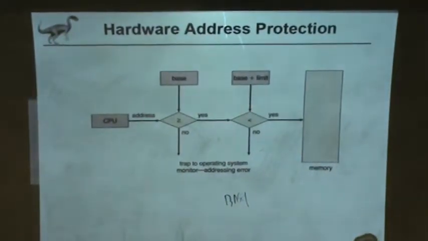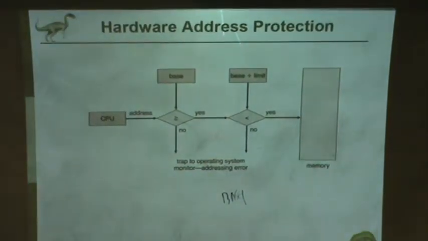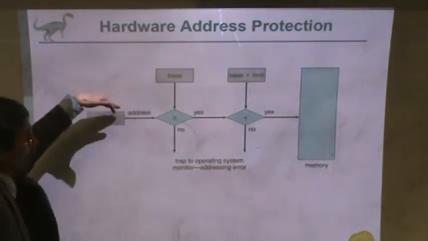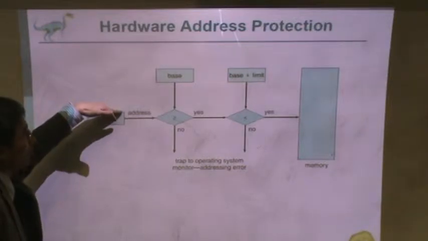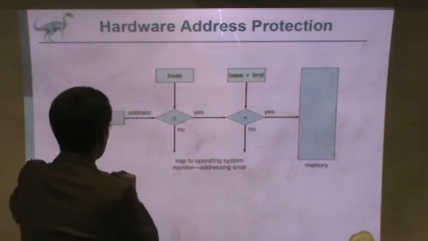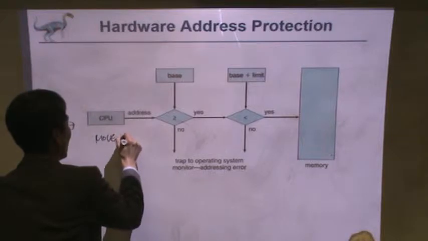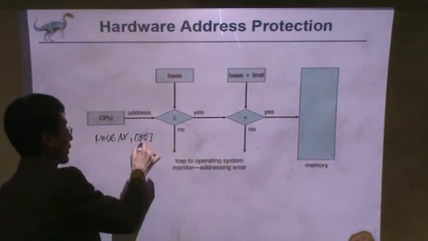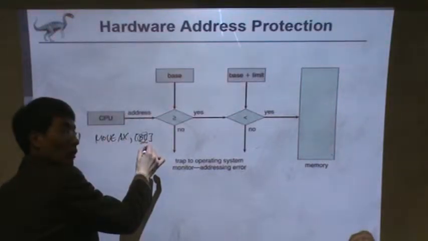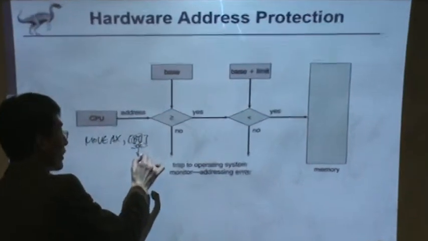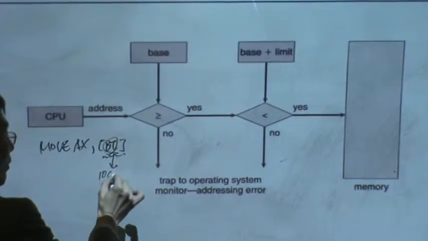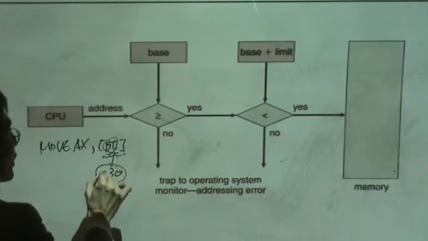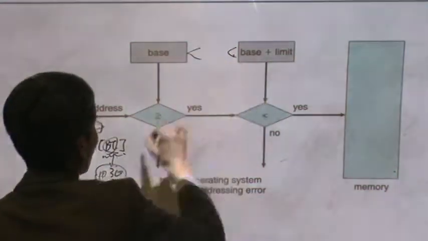This is a slide that shows the logic. It's very simple. When the CPU accesses data from an address, for example move AX, BI, first you need to calculate the address, for example 1030, and check whether this address is in between the base and limit.